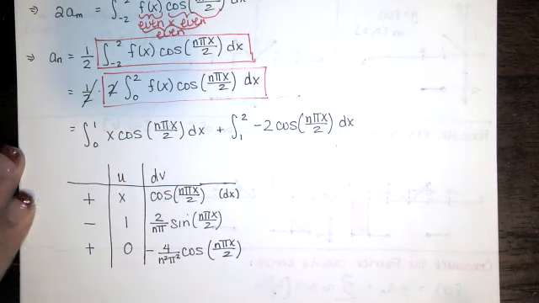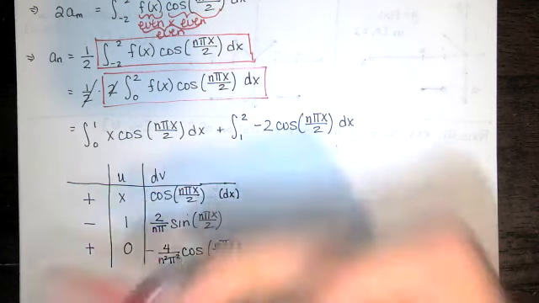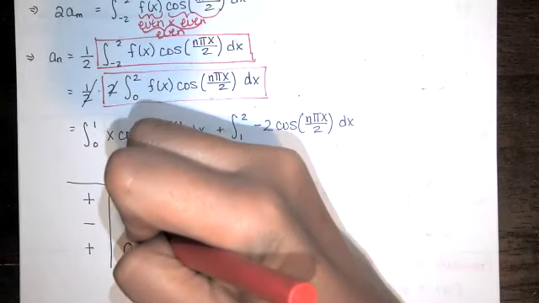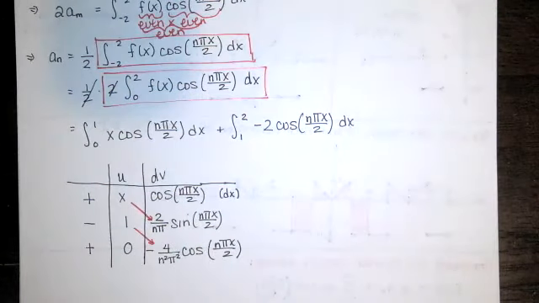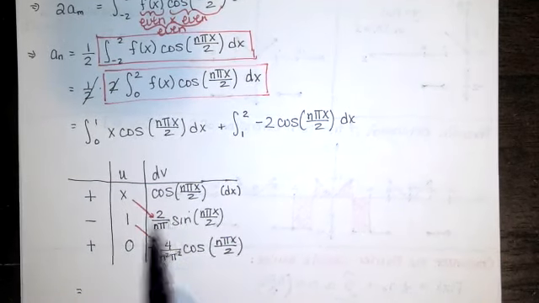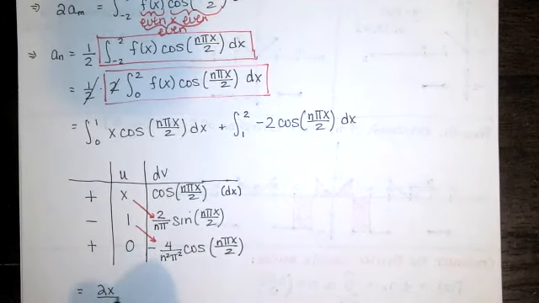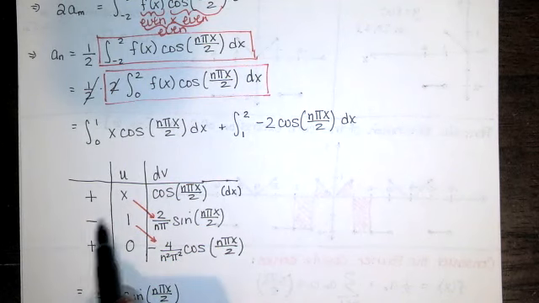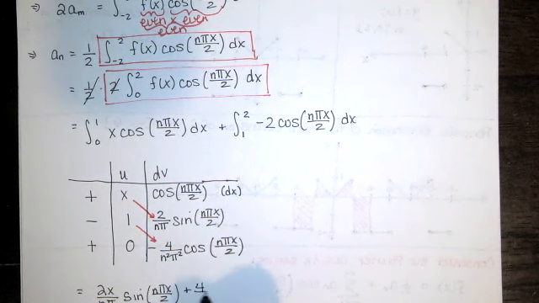Don't forget that plus minus plus when we use tabular. So we'll have this times this. And then we'll add -1 times this times this. -1 times that negative is going to give us a positive.